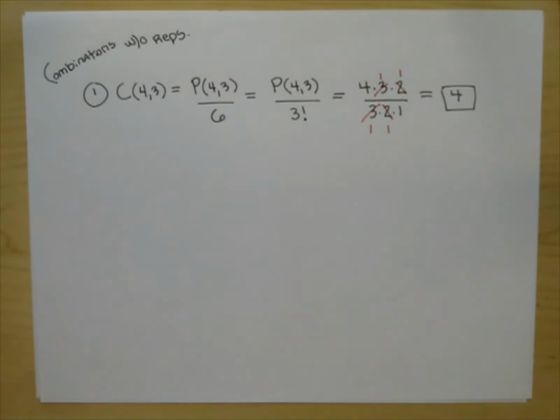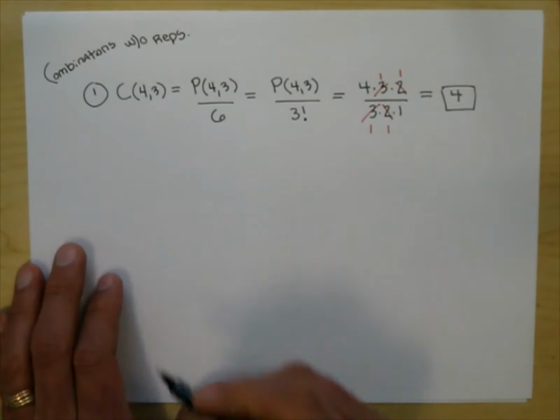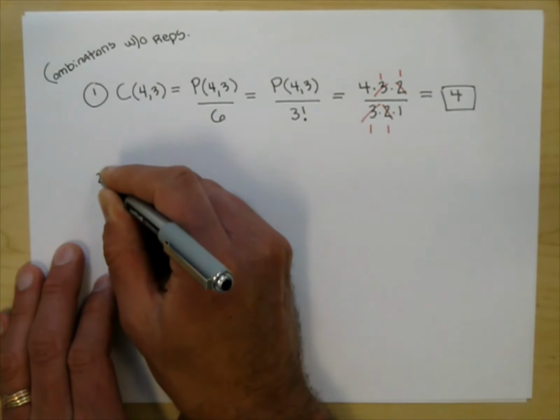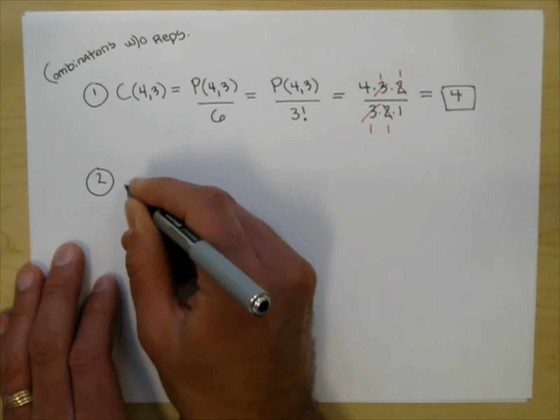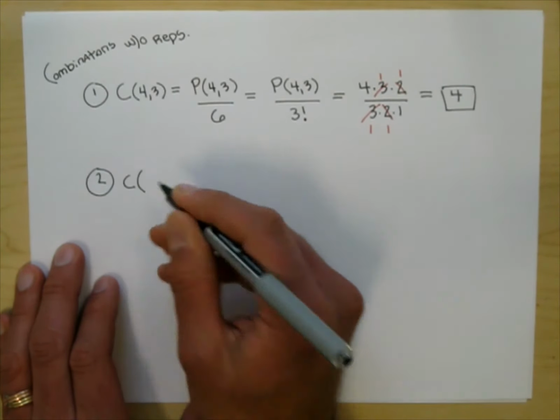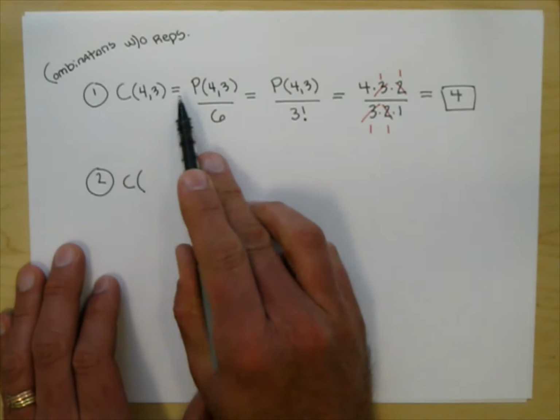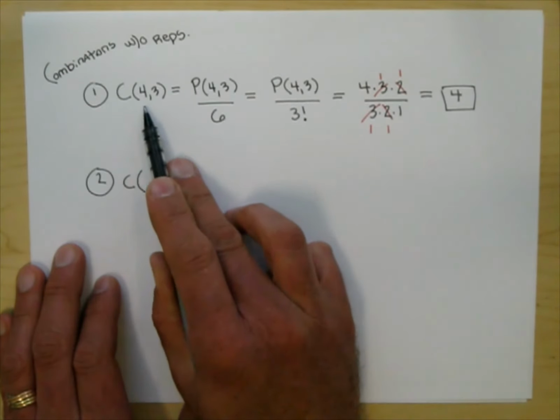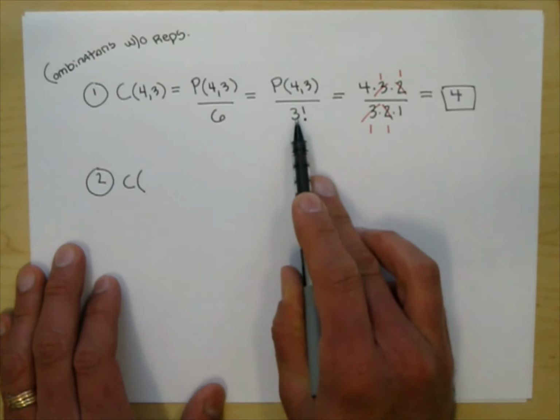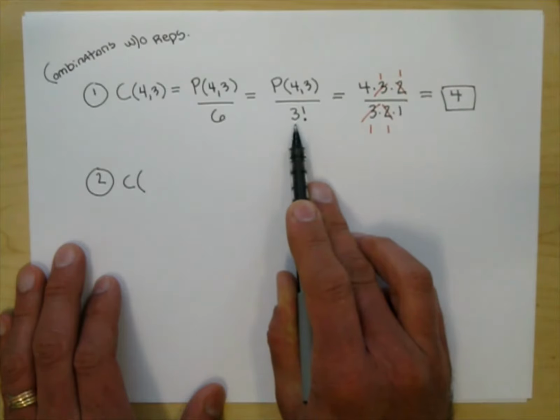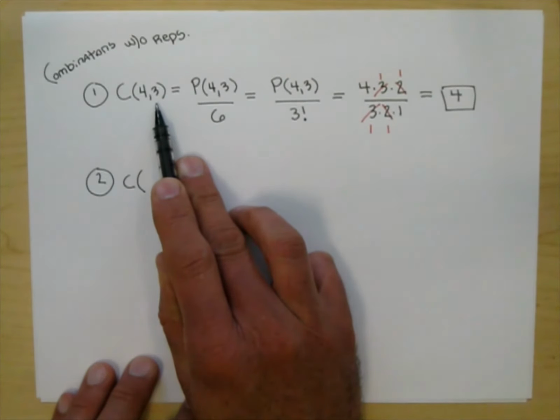Why don't we try another example where we do not know the answer to? This will be example number 2. So the pattern maybe is this. You write the permutation that looks like that. And on the bottom you put a factorial, and that number that is the factorial is the second number.